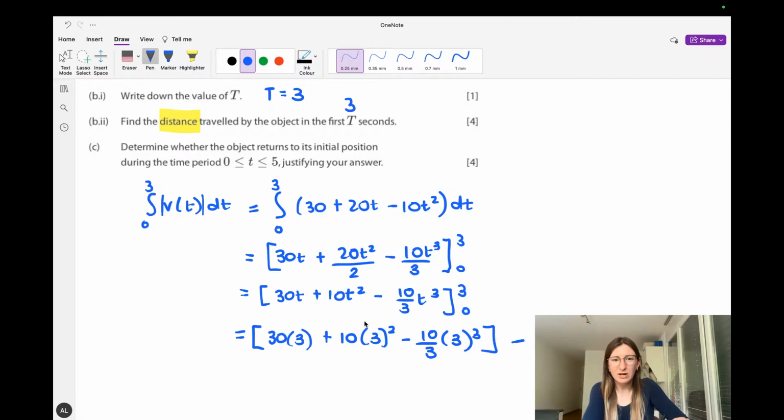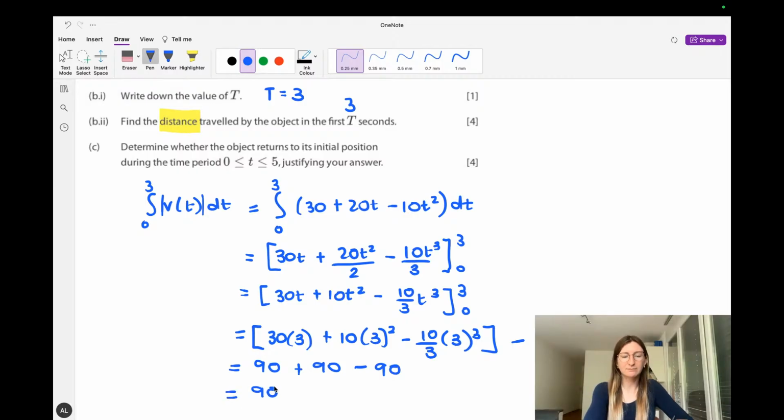And then I need to subtract it from all of this when I input 0. But when I put 0 here, that's 0, that's 0, that's 0. So it's just minus 0. So that's great, actually. So here we have 90. Here we have 90 again. This is lovely, one of these 3's cancels out with that 3. So 3 to the power of 2 is 9, minus 90. Oh, that wasn't so bad in the end.